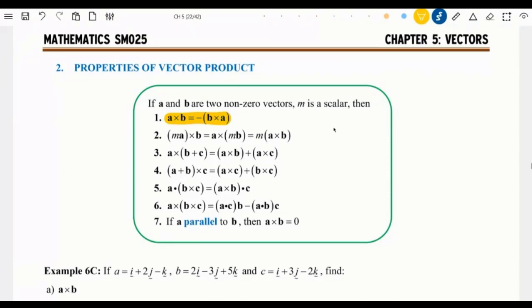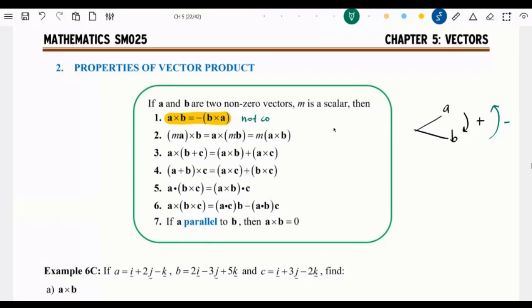Okay, sebab kalau A cross B, so let's say we have A here, B here. So kalau macam ni, dia akan jadi positif. Kalau terbalik, dia akan jadi negatif. Okay, alright. So that's, we call it not commutative.